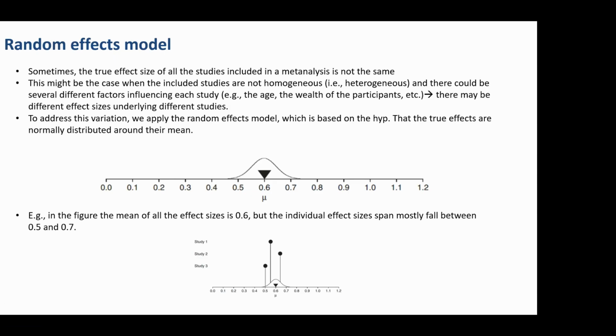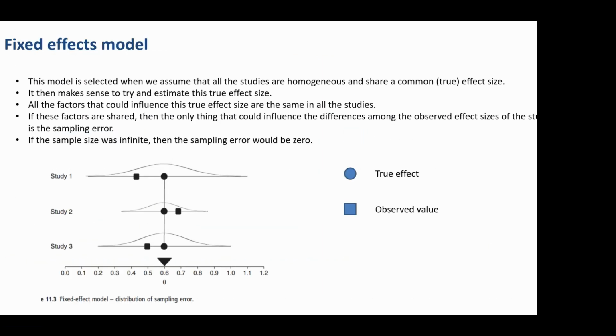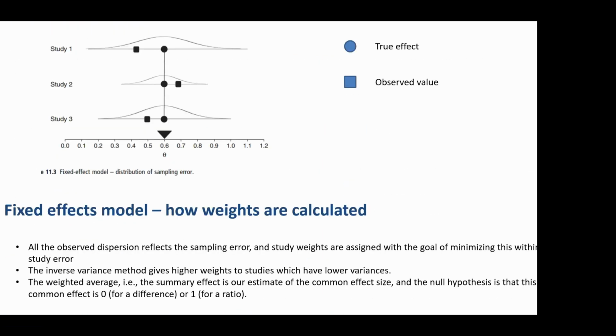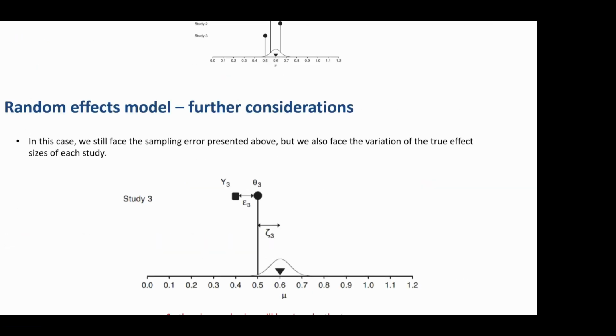So it means that the true effect of each study is no longer all aligned on the final value, as you were seeing in the previous slide. You see here all the circles are one on top of the other. In this case, it assumes that they are distributed in a certain way.